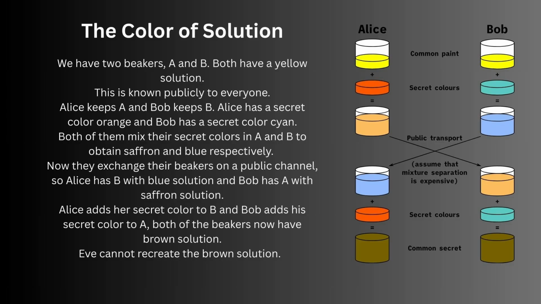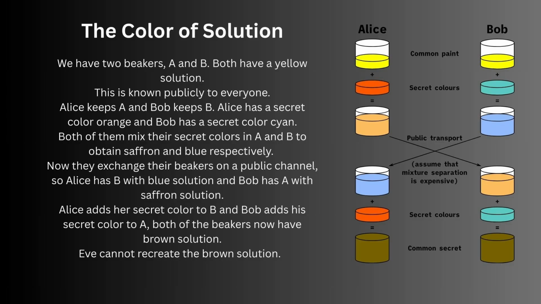So now Alice has the blue one and Bob has the orange one. Alice adds her secret color to the blue solution and Bob adds his secret color to the orange solution to derive the brown solution, which both of them end up with.